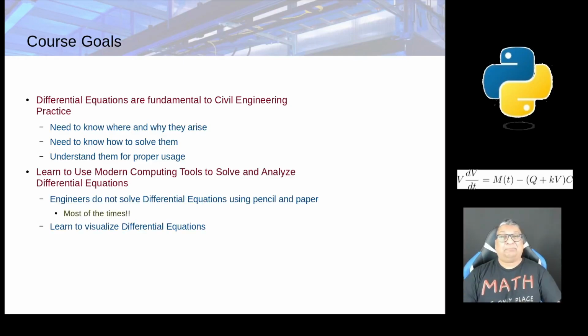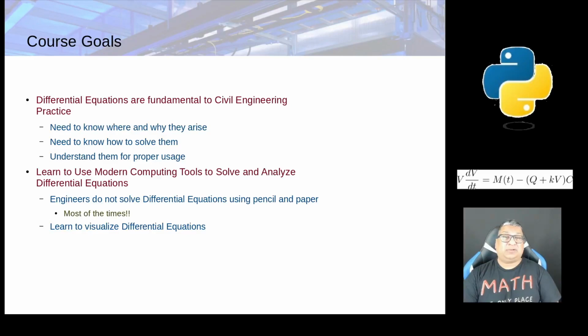Secondly, it's very rare that civil engineers solve differential equations using pencil and paper these days. Even if they do so, we typically would like to write a short computer program so that we can reuse our result for another problem.